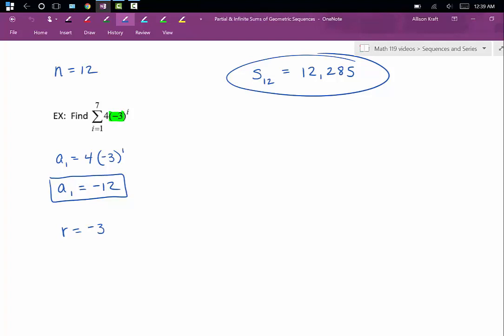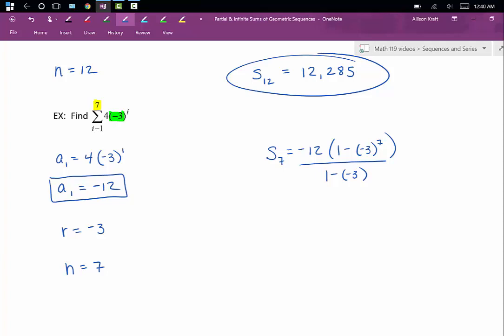And lastly, we need the number of terms we're trying to add up. Now, that's right on the top of our summation notation, n is equal to 7. S sub 7, plugging into our formula, is going to be negative 12 times 1 minus negative 3 to the 7th, all that divided by 1 minus negative 3.